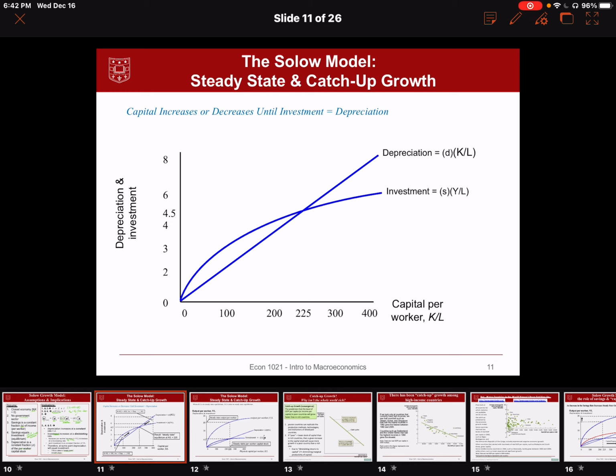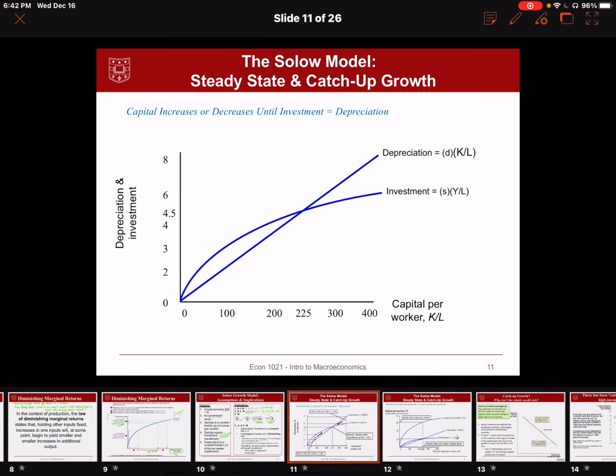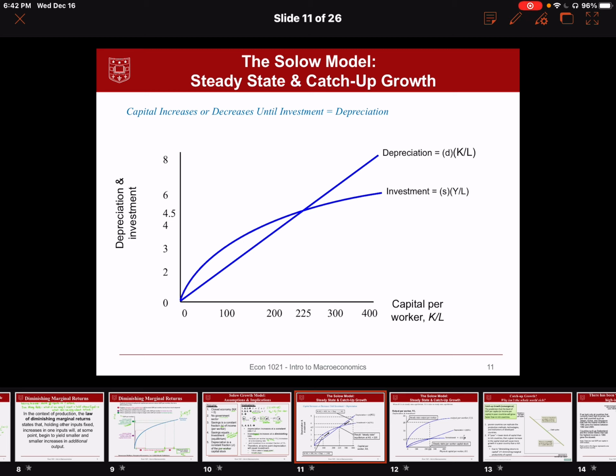And if you go back and look really small down there, you can see that we saw that diminishing marginal returns relationship. And so, what can we observe? We can observe that, for example, using this number 100, at a capital per worker level of 100, depreciation is 2 and investment is 3.